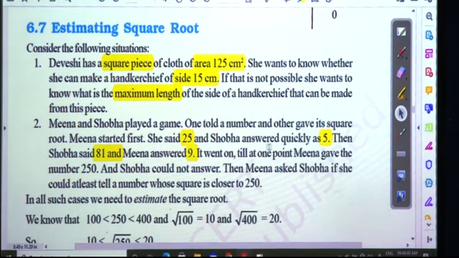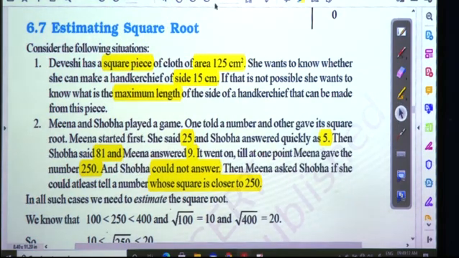It went on till at a point Meena gave the number 250 and Shobha could not answer. Then Meena asked Shobha if she could at least tell a number whose square is closer to 250.